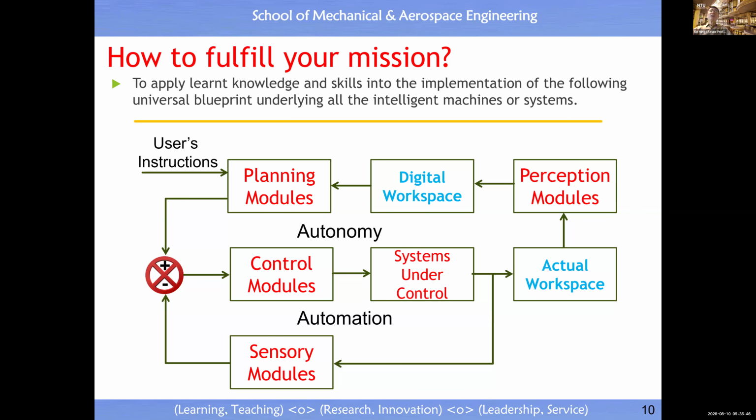So you understand, without the knowledge and the skill learned from this course, it is impossible for you to implement the inner loop. Without the inner loop, how are you going to implement the outer loop, which is the AI loop? Today AI is a very, very hot topic.